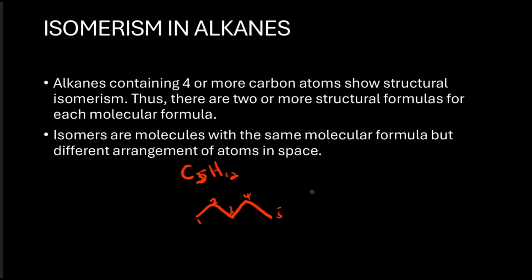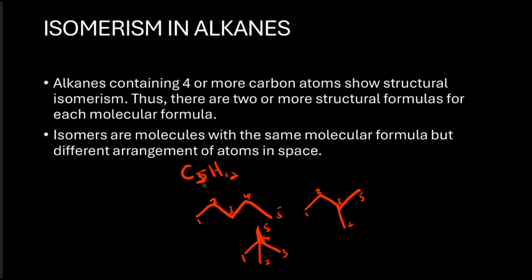We can also have another structure drawn this way. So we have one, two, three, five carbon atoms here. We can also have another structure this way. So we have one, two, three, four, and then five carbon atoms.